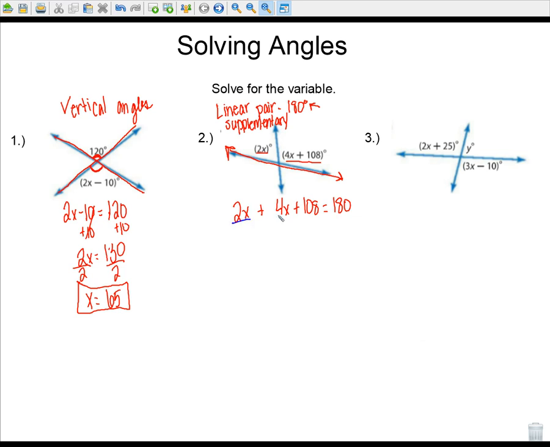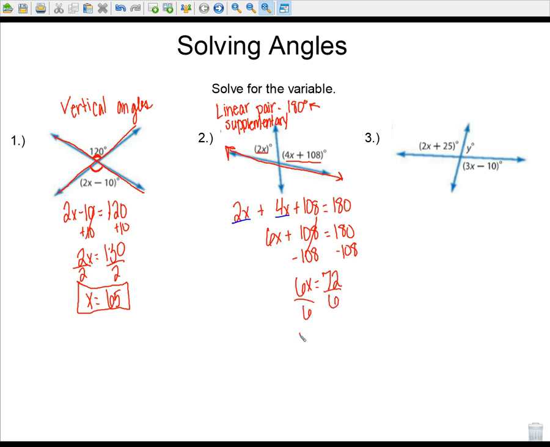Adding these up, 2x and 4x are our like terms. Combining those gives us 6x plus 108 is equal to 180. Go ahead and subtract that 108 from both sides. We're left with 6x is equal to 72.